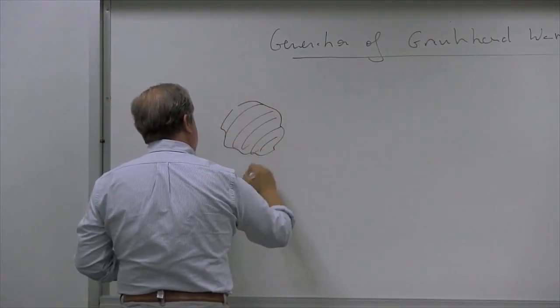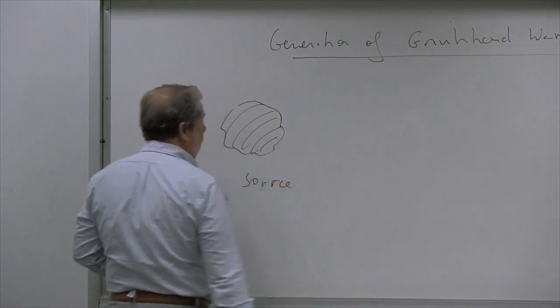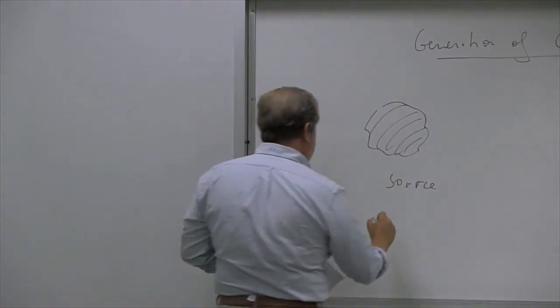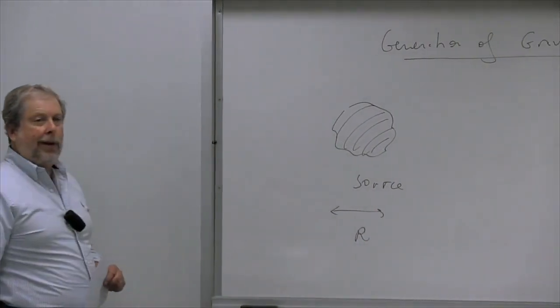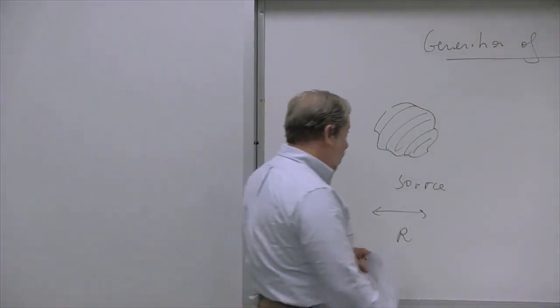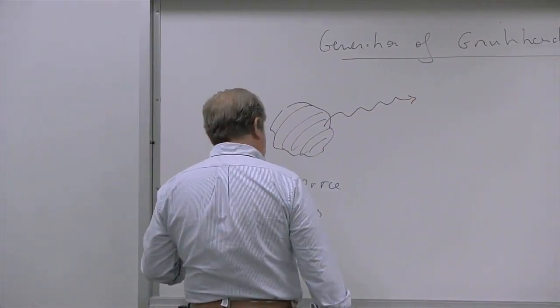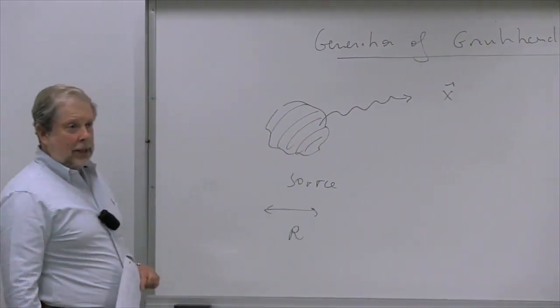So you have some source, which is located within a finite region, and typically this source size, let's take it to be R, some capital R. And that will emit some gravitational radiation, which will come out and will later be observed at some point X.